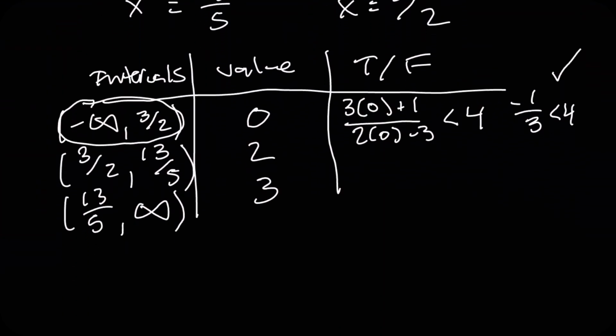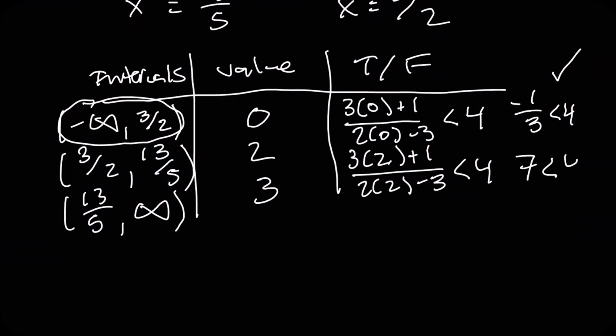So we will have 3 times 2 plus 1 divided by 2 times 2 minus 3, and we want to see if that's less than 4. That actually gets us 7 less than 4, which doesn't make sense, so this interval will not be included.